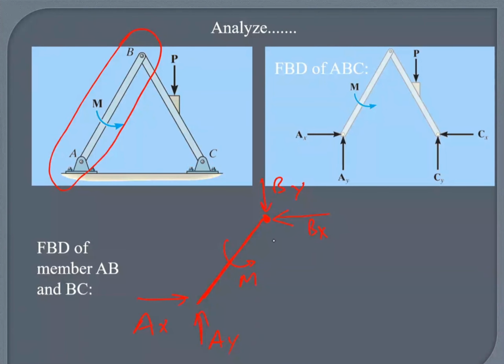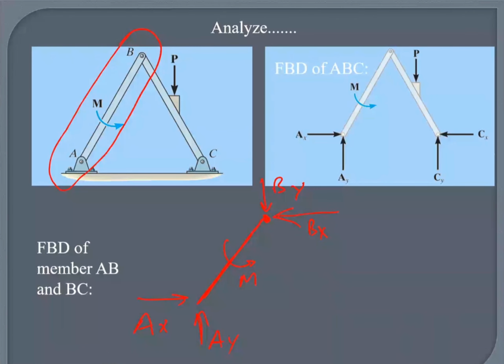I can draw BX here also. But because I drew AX in this direction, common sense tells me that BX should be in this direction. But as I said, it doesn't matter if I assume wrong, the answer signs will tell me what I did.